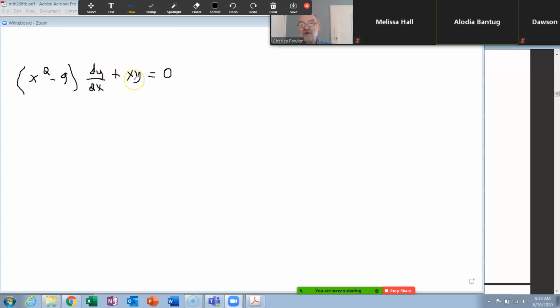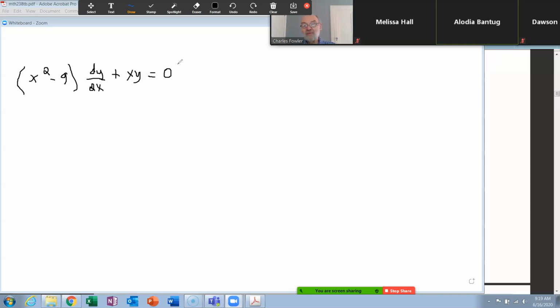The y has no other y's or derivatives of y's multiplied or divided by or anything else. It's linear in y, and the only thing multiplied by it is a function of x. The thing over here is a very simple function of x, but it is only a function of x. There's no y's or derivatives of y's or anything else over there. So yes, this is linear.